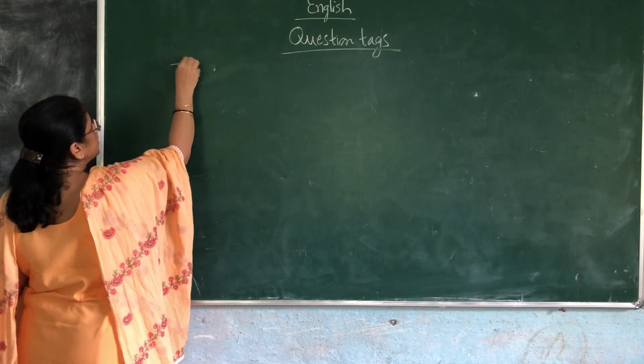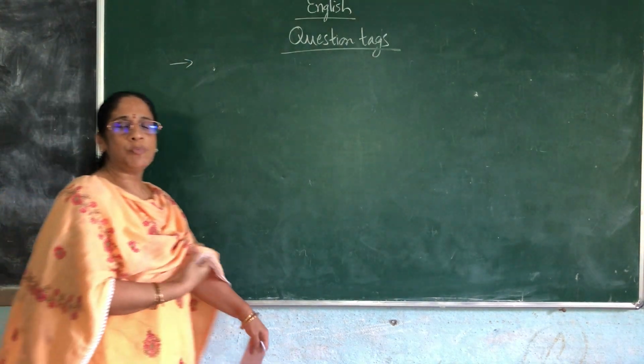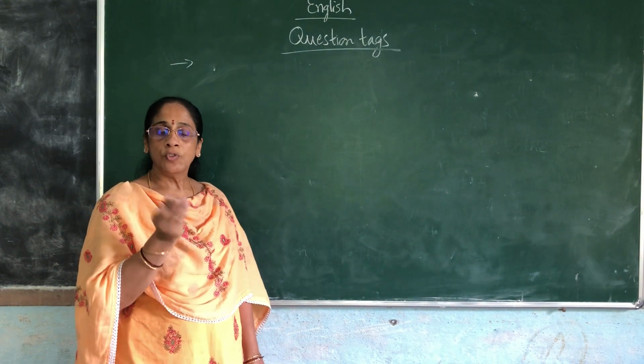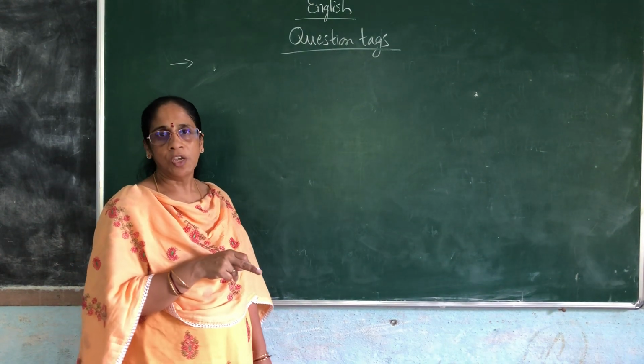So how do we write a question tag? Generally there will be a pronoun and an action word like an auxiliary verb, a helping verb, in a statement. Those two should be used while making a question tag.